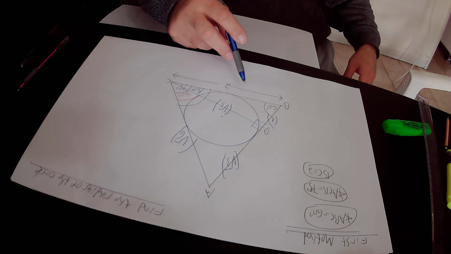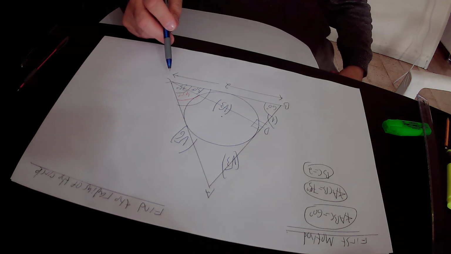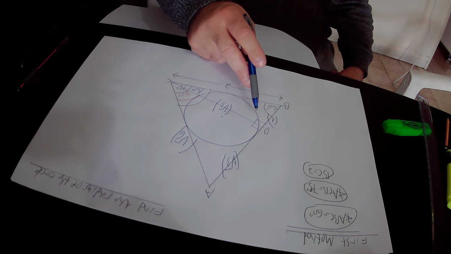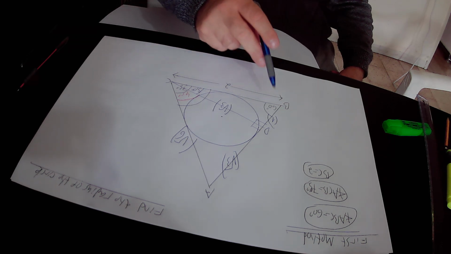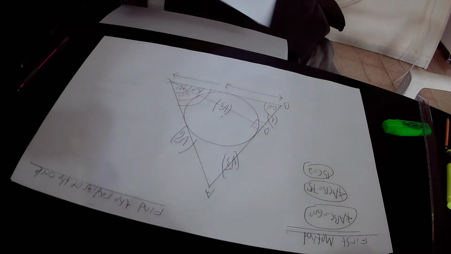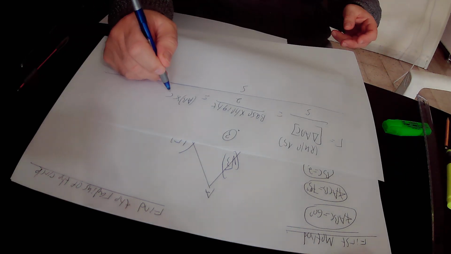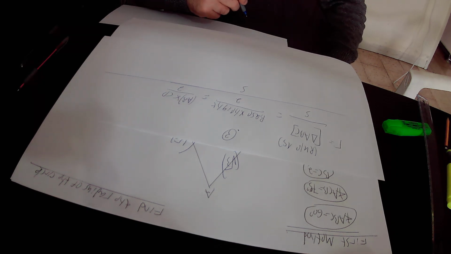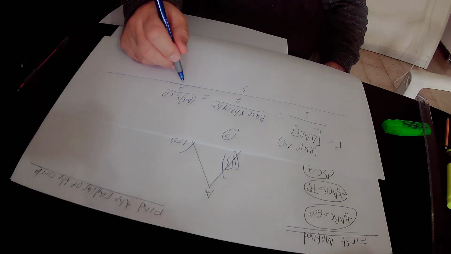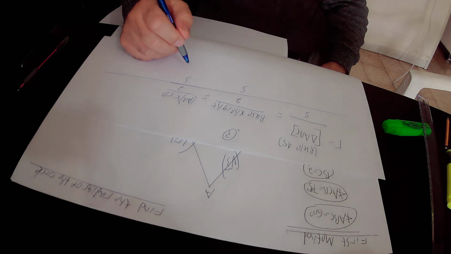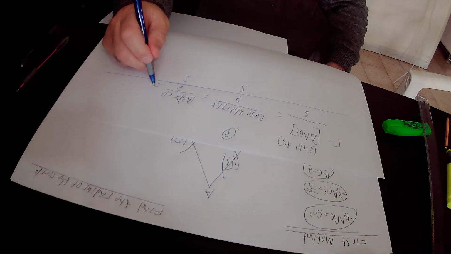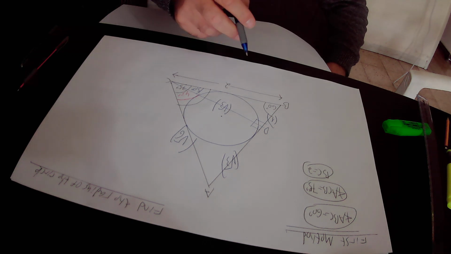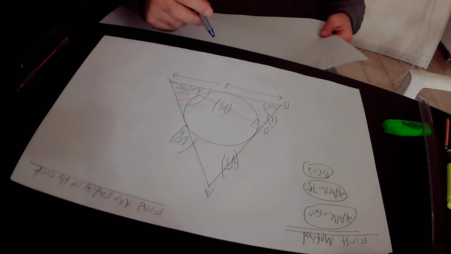The height to the base must create 90 degrees with the base, and we can see that CD creates 90 degrees with the base, so the height to the base will be CD. The height is CD, over 2, all divided by the semi-perimeter of the same triangle, triangle ABC. The base AB is the square root of 3 plus 1.